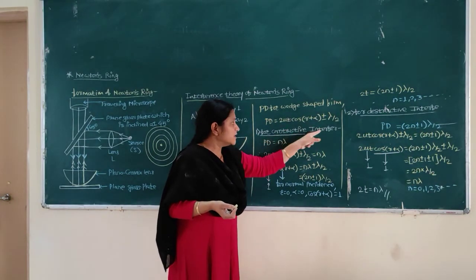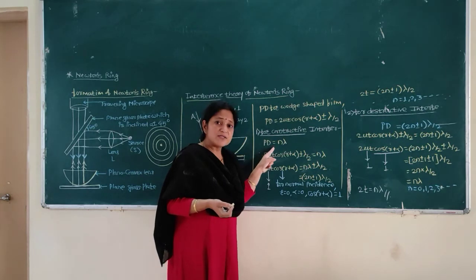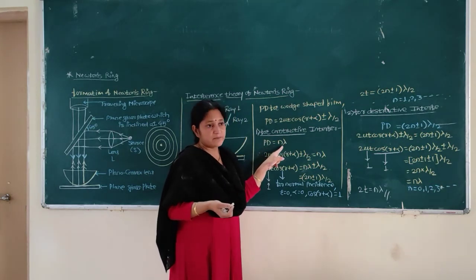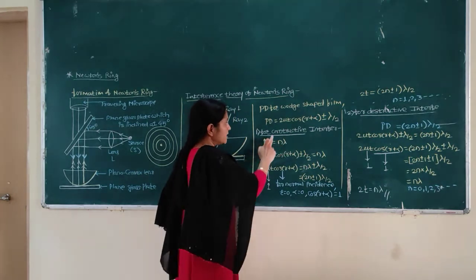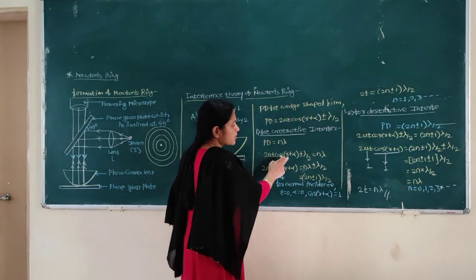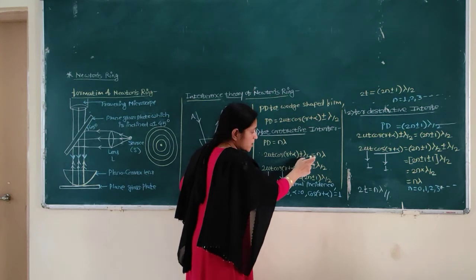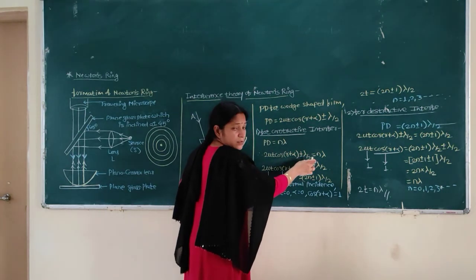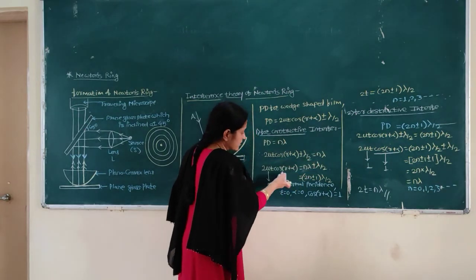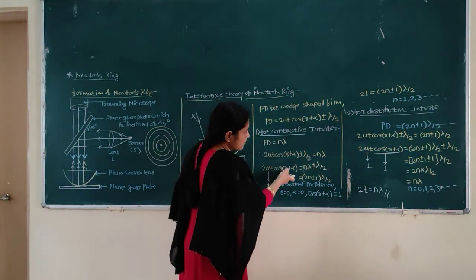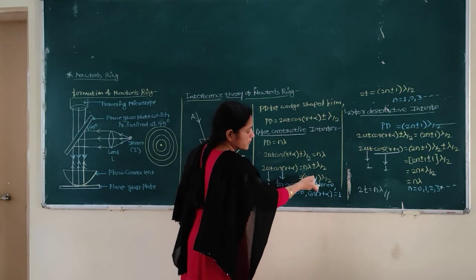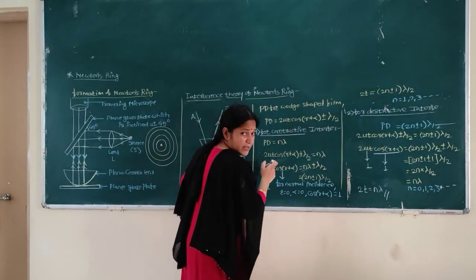This constructive interference takes place when path difference between the two rays is nλ. So we can write 2μt cos(r + α) ± λ/2 is equal to nλ. So the left hand side term will be taken to the right side, we get the final equation 2μt cos(r + α) is equal to (2n ± 1) λ/2.